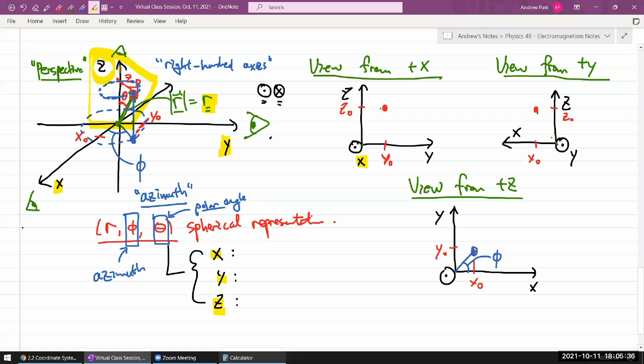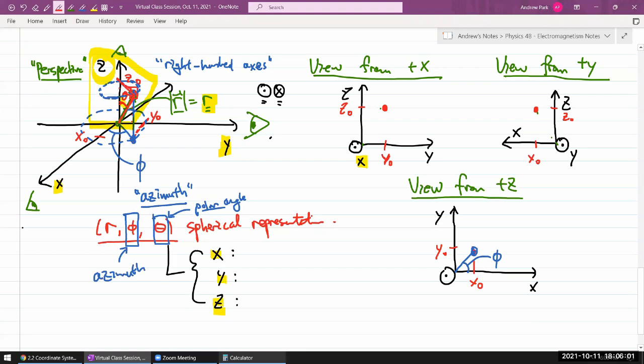It's the first axis to which we determine the angle theta from our vector. So you can imagine a right triangle in this way: a right triangle consisting of r as the hypotenuse, and you can draw a line perpendicular to the z-axis.